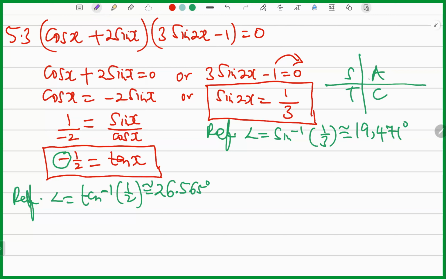It is positive in the first, but it's also positive in the second quadrant, because it is positive 1/3. In the first quadrant the angle becomes an acute angle, and the angle here, measured like this, becomes an obtuse angle. So we have those two angles there.